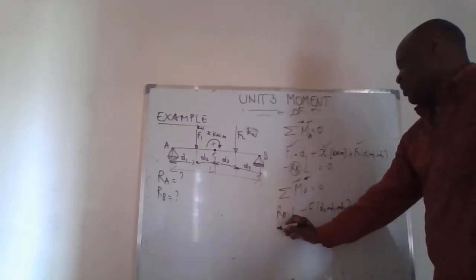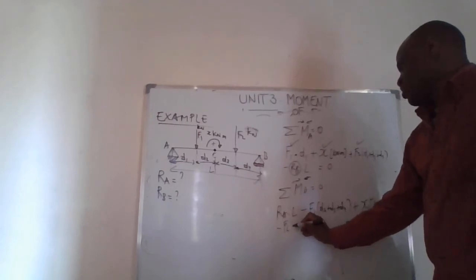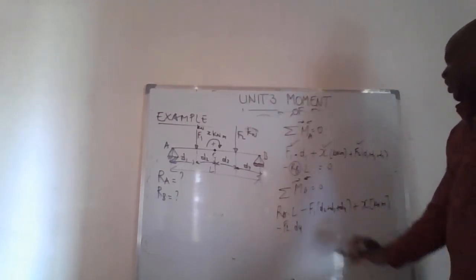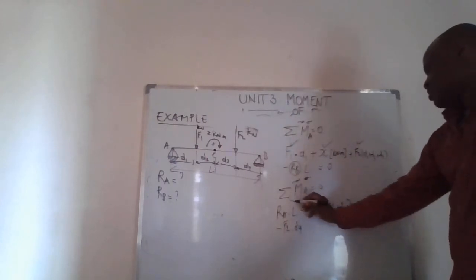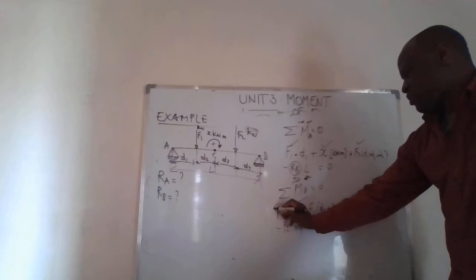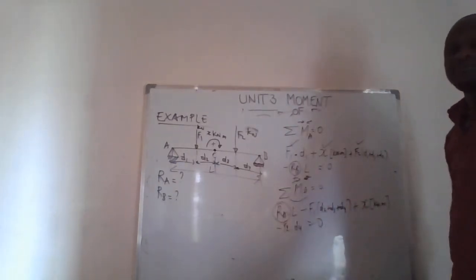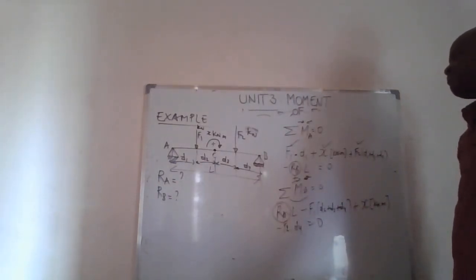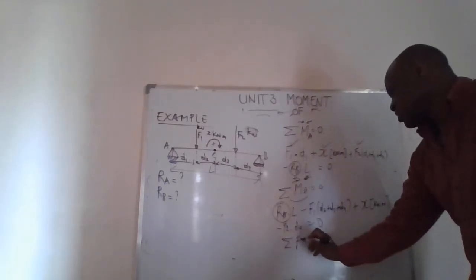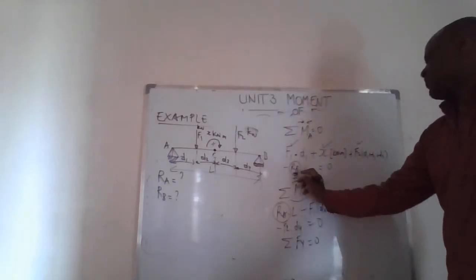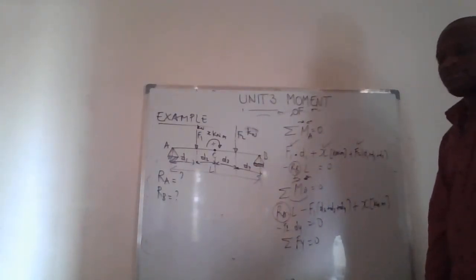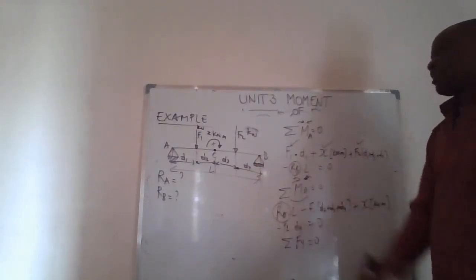Then the next will be minus F2, and the moment arm is D4. This algebraic sum of clockwise and anti-clockwise moments should be equal to 0. As you can see, the only unknown will be RA. Or else I can use the sum of vertical forces equal to 0 once I've calculated RB, and I should be able to get RA.